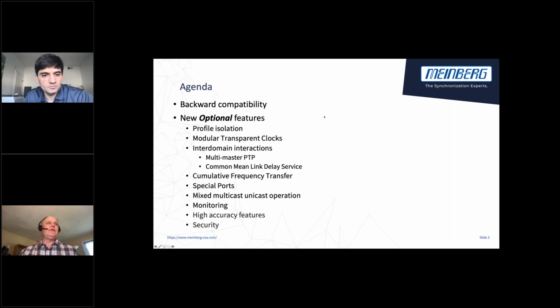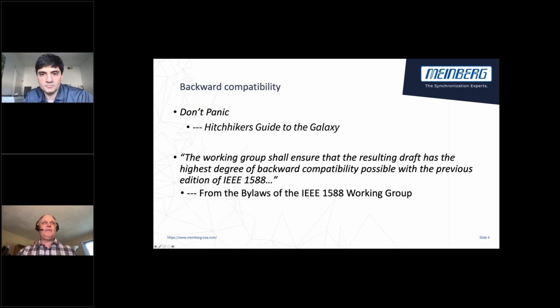Okay, so I want to talk about backward compatibility with previous versions of 1588 and a whole bunch of new features. I won't list them all right now, but a whole bunch of optional features that are new were defined in this edition of the standard. Okay, first of all, backward compatibility.